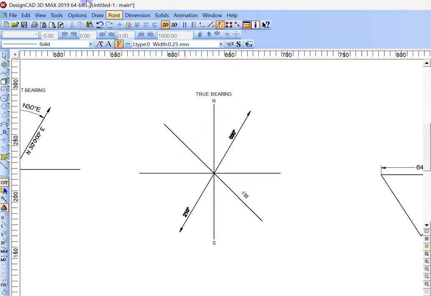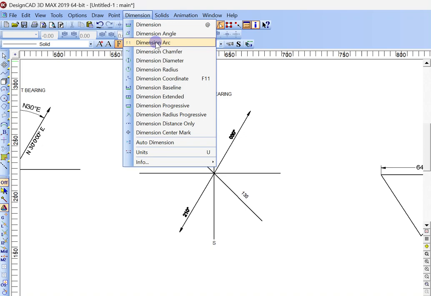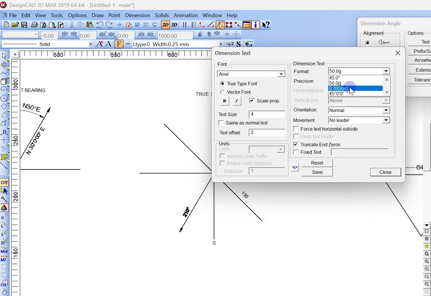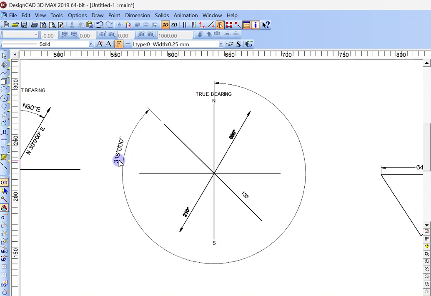So let's just do that. Draw, dimension, angle, and then put it back in the right. So that's 315 degrees, right? So if 3, 4, 9, you add that up to 9, that also will add up to 9.